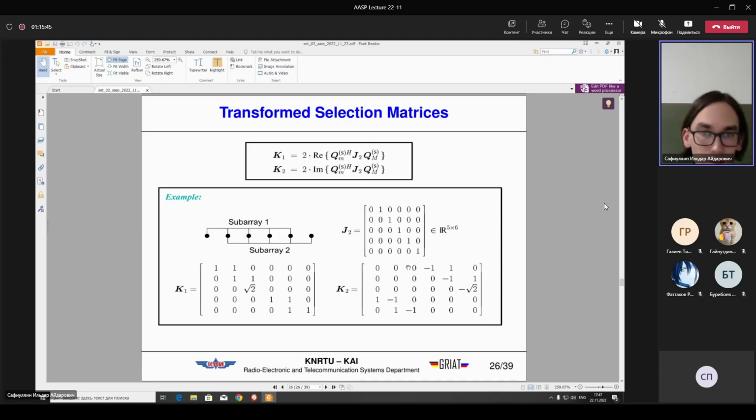And if we multiply these matrices with these sparse matrices and take for the first one the real part, we'll have this type of matrix. So you can see it is not the ones on the main diagonal. So you can see that we choose different elements in this case. And here you can see what we have for the second transformed selection matrix.